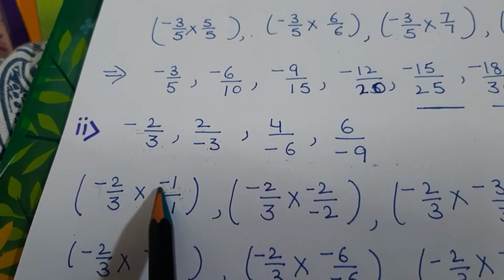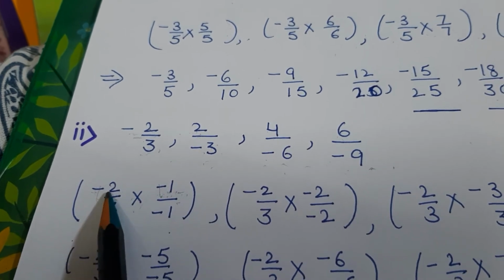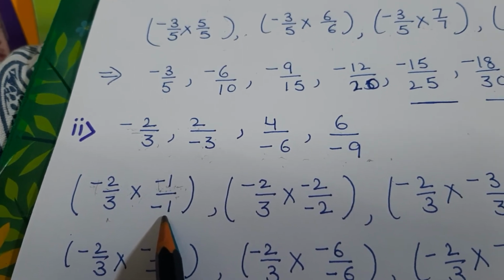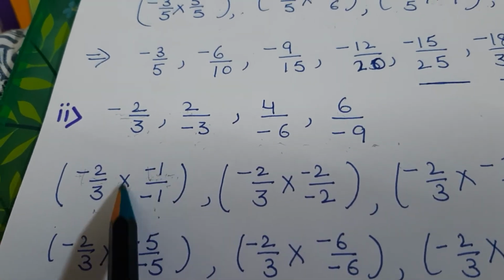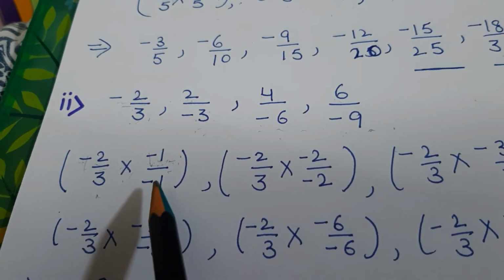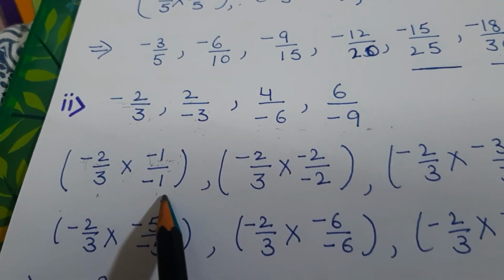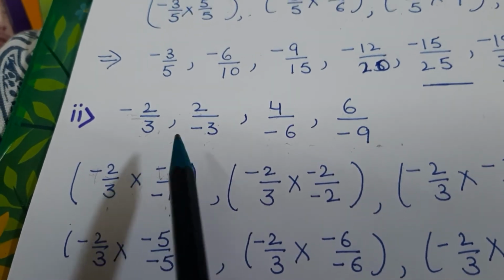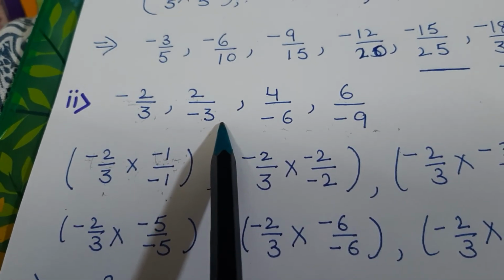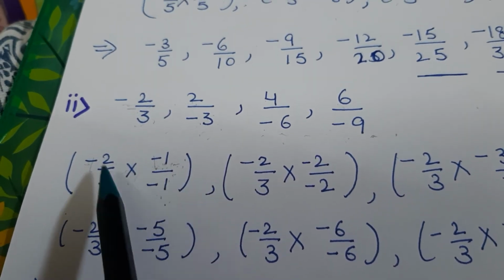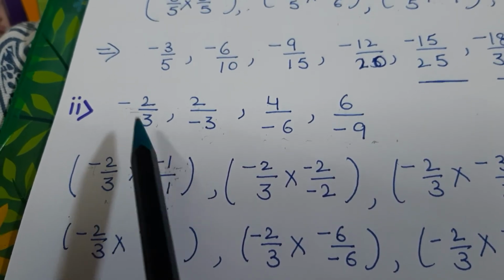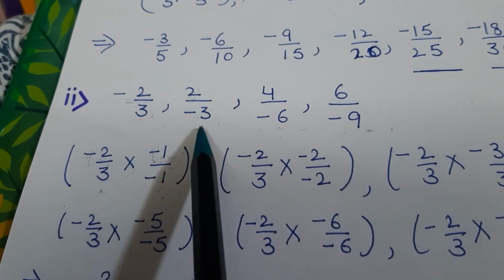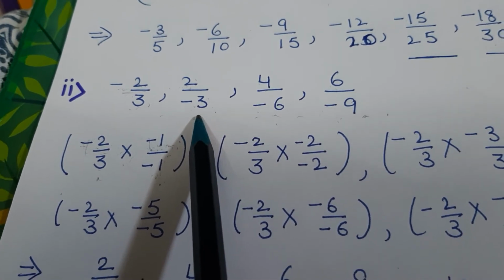So similarly, if we are multiplying the numerator with minus 1, then the denominator also will be multiplied with minus 1, because you know this is the rule of fractions: if we multiply with any number, we divide with the same number. So when we multiply 3 with minus 1, it will become minus 3. In this way, if we multiply and divide with minus 1, their signs will be changed. The numerator will become positive and the denominator will become negative.